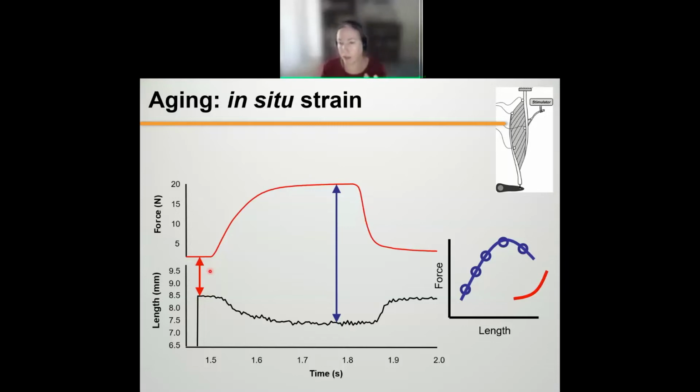Passive tension I didn't describe too much in detail, but it's a combination of extracellular matrix, parallel elastic elements in the muscle, as well as the tendon. And all of this is contributing to what we call passive tension. If we pull the muscle very far, we'll see that passive tension rise.